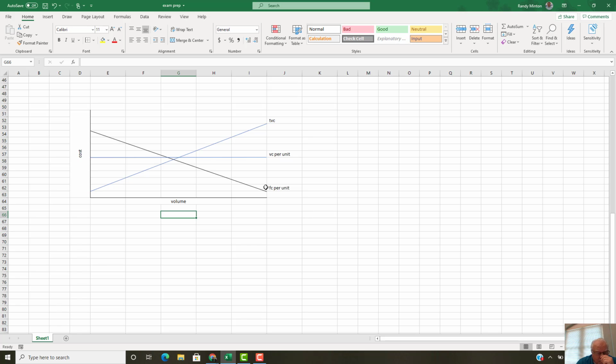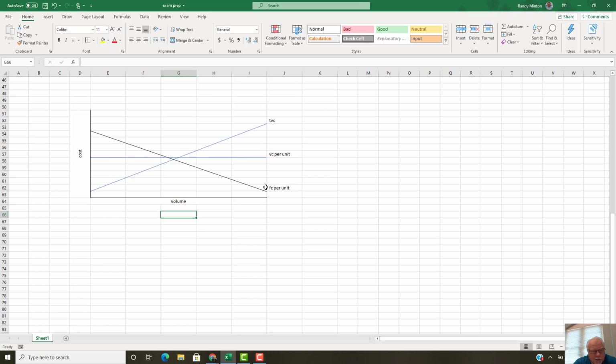Now, the interesting part is that once you hit your break-even point, and this is a critical element of cost volume profit relationships, once you hit your break-even, every product that you sell beyond break-even, you make your contribution margin.